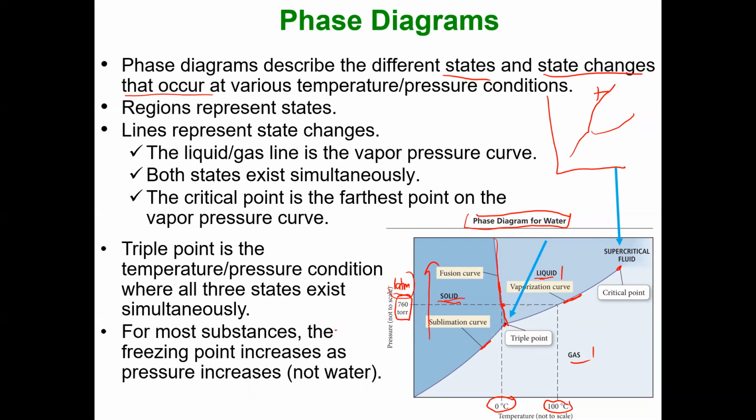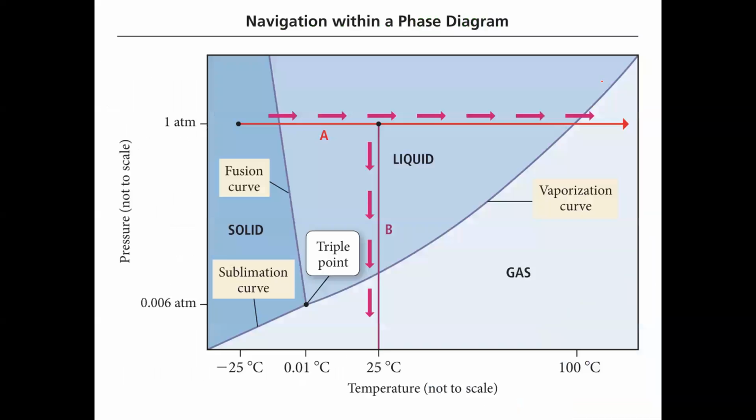So as we increase pressure and force it to get closer and melt it, we can have a lower temperature. So that's what's unique about water and its phase diagram. Water has a negative fusion curve where other substances have a positive.